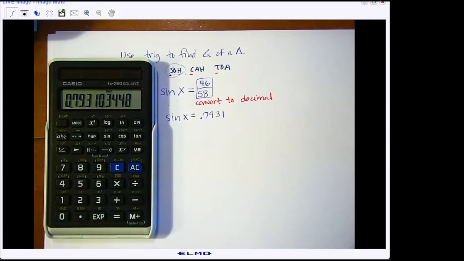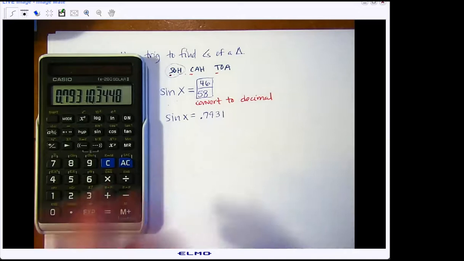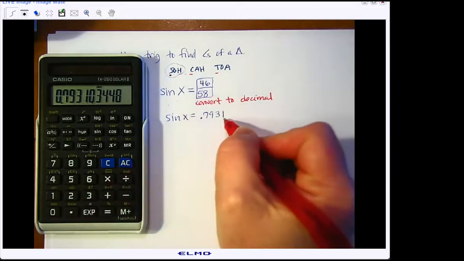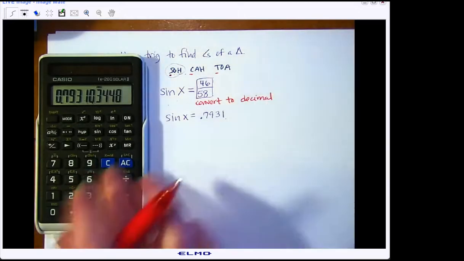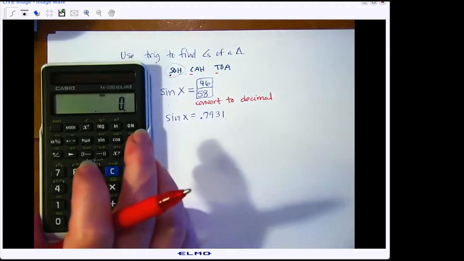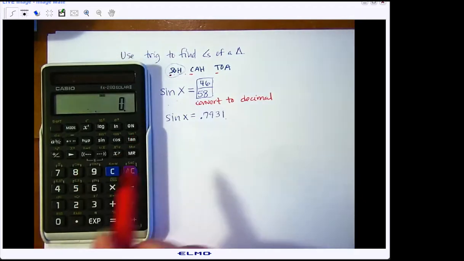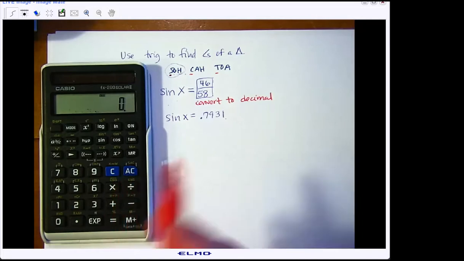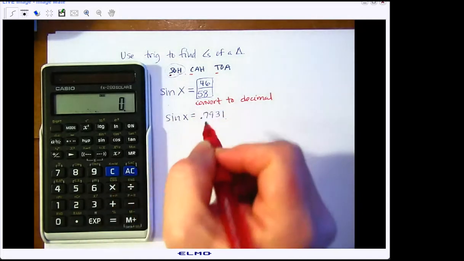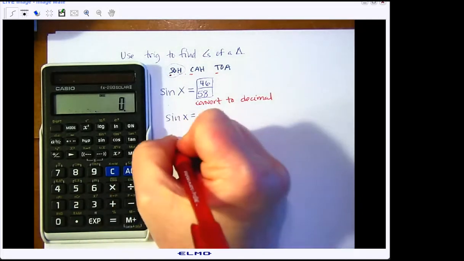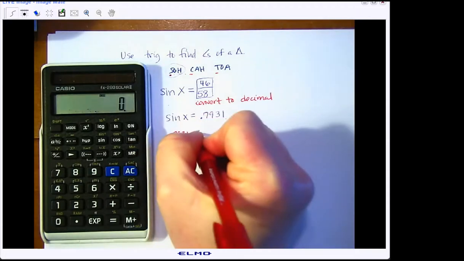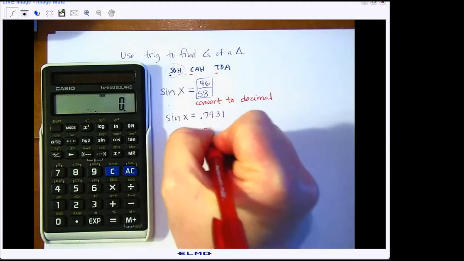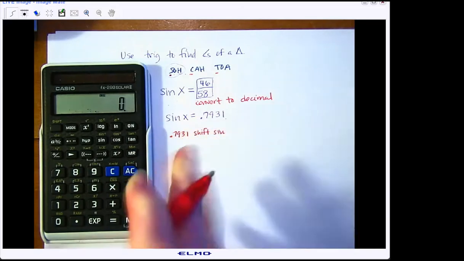Shift, inverse, second key. Okay. So now that we have this problem, I'm going to use the shift inverse or second key. So we're going to do 0.7931 shift sine, and we'll get our answer.